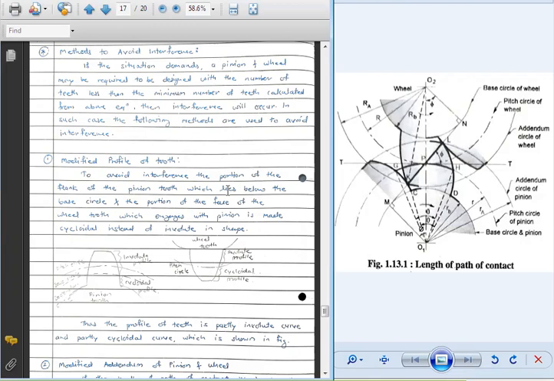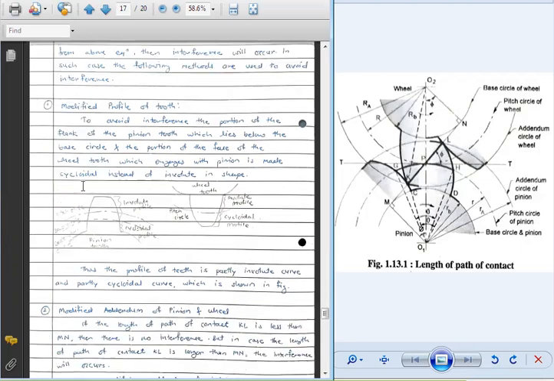So in such a case, if we want to avoid the interference, how can we do this? That we will discuss now. Are you getting me? For that we have other methods.